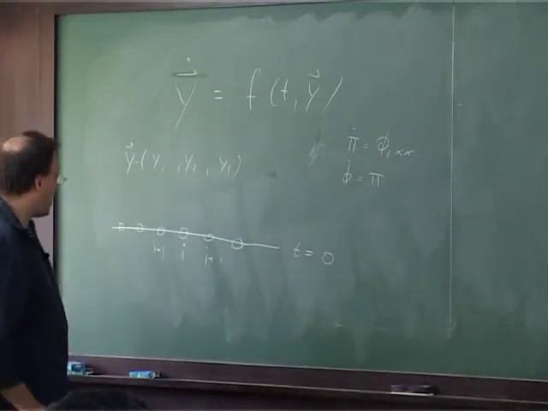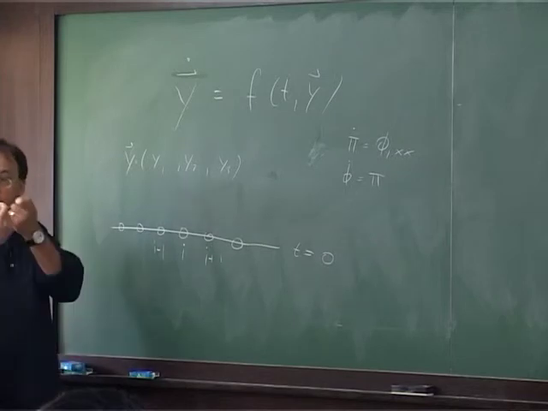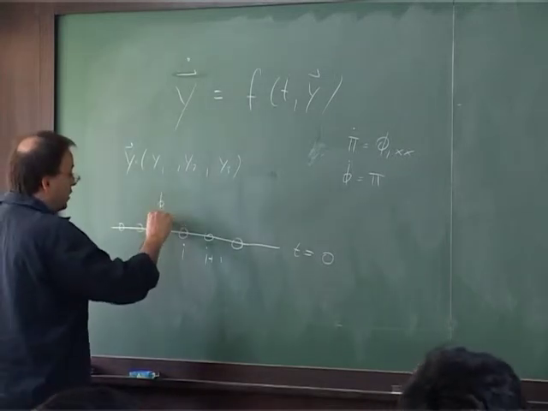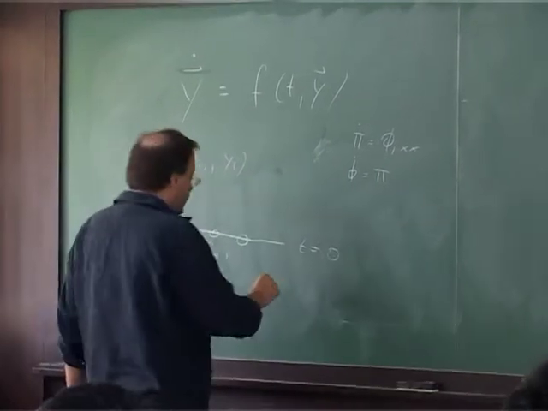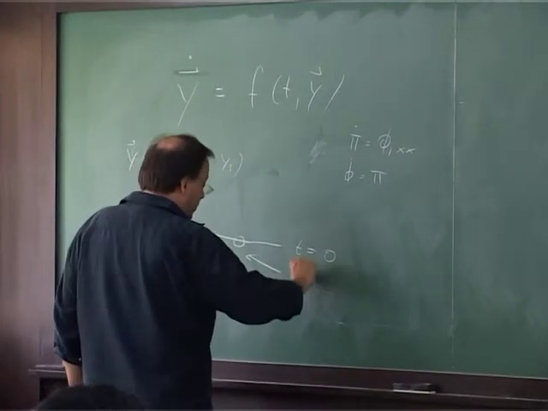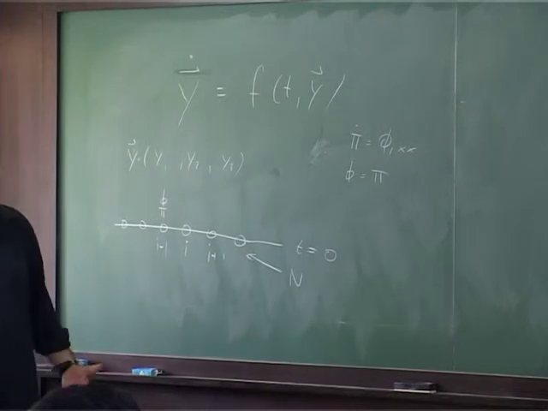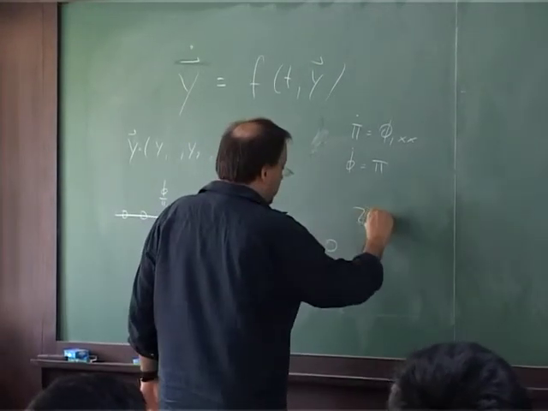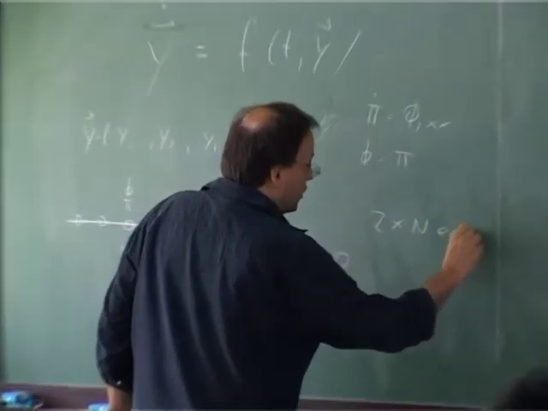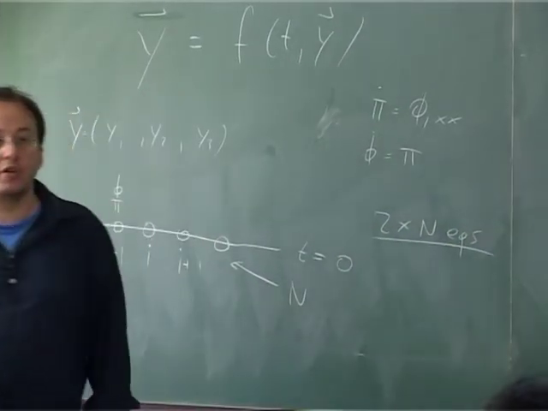So in addition, at each grid point we have two variables sitting there: the phi and the pi. So for example, if you have n of these grid points, then how many equations do we have to solve? We have, in this case, 2 times n ordinary differential equations.